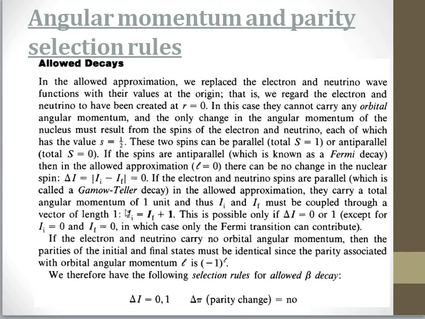This is the initial nucleus, this is the final nucleus, and this is the total angular momentum of the two, that is, the total spin angular momentum of the neutrino electron pair, because the L value is 0. So this reaction is possible only if delta I is equal to 0 or plus 1.